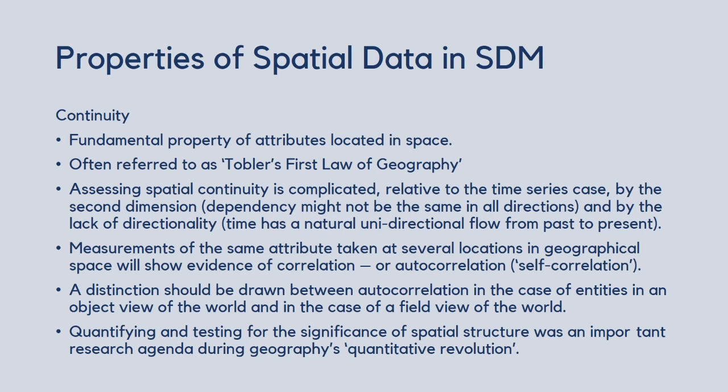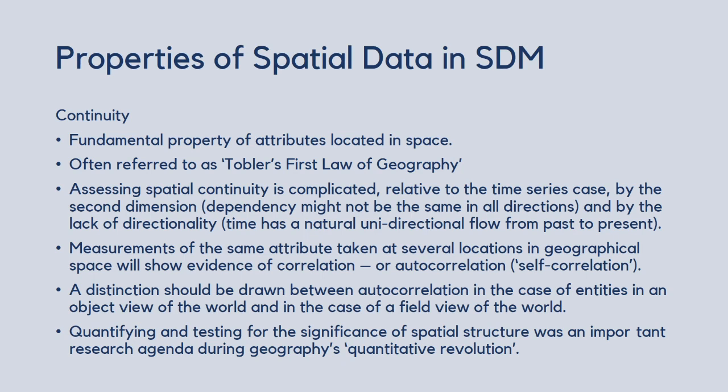This denotes positive autocorrelation. As the distance separating observations increases, such autocorrelation will tend to weaken until, at some distance, observations on the same attribute will appear to be independent. This is the concept of spatial autocorrelation, which we will learn in a few weeks' time, but it uses the first law of geography concept.